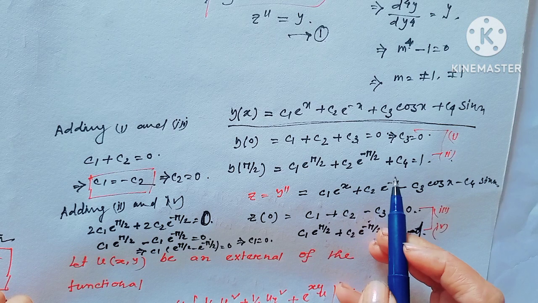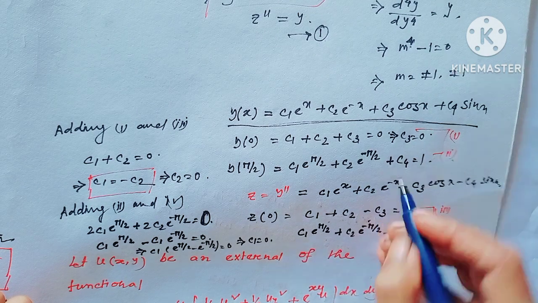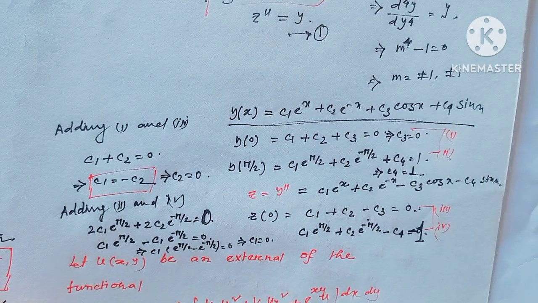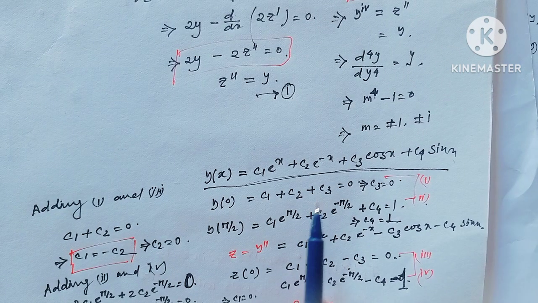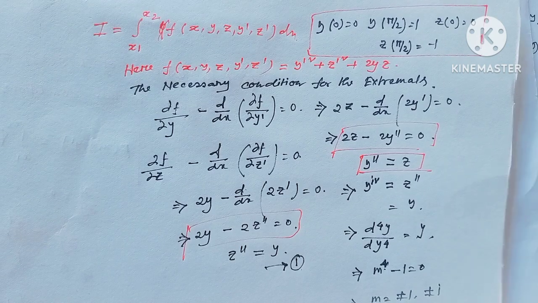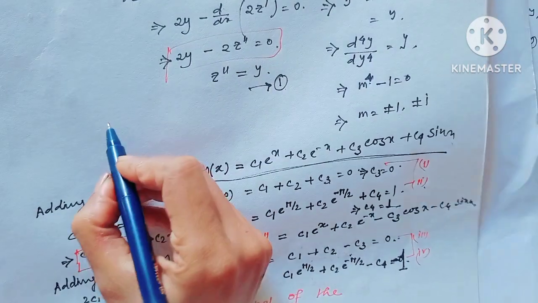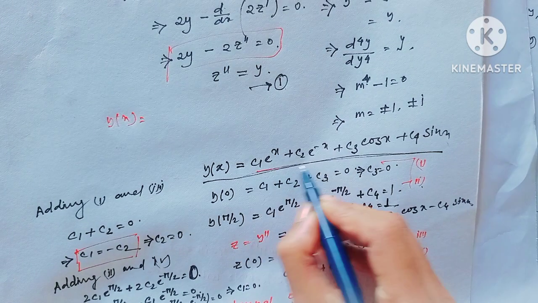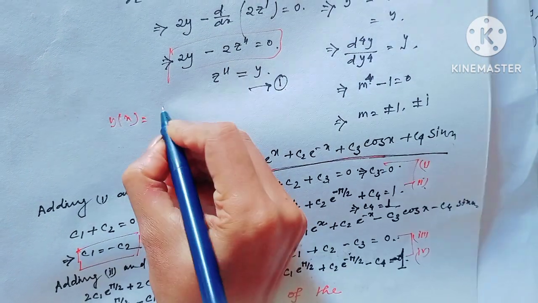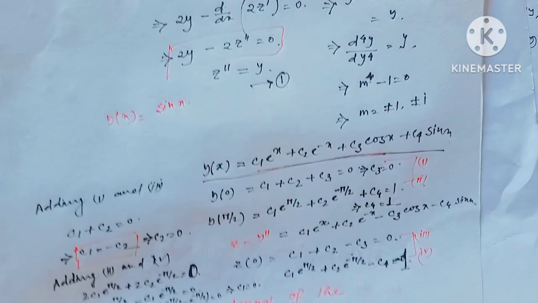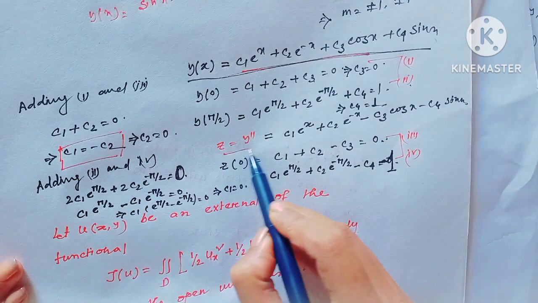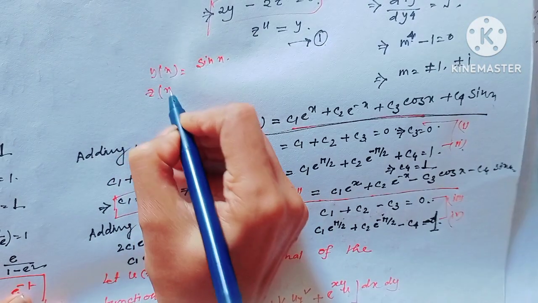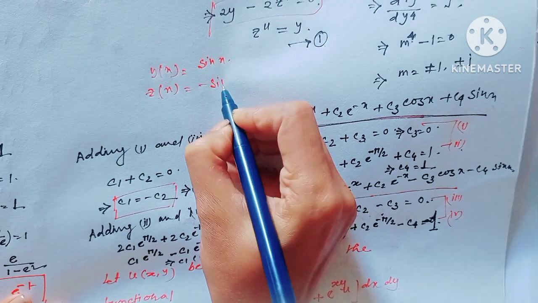And since c1, c2 and c3 equal 0, that implies c4 equals 1. So the extremal which satisfies this functional is y(x) = sin x, and z(x) = −sin x.